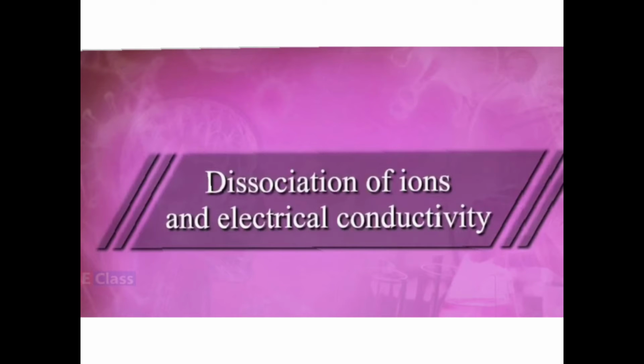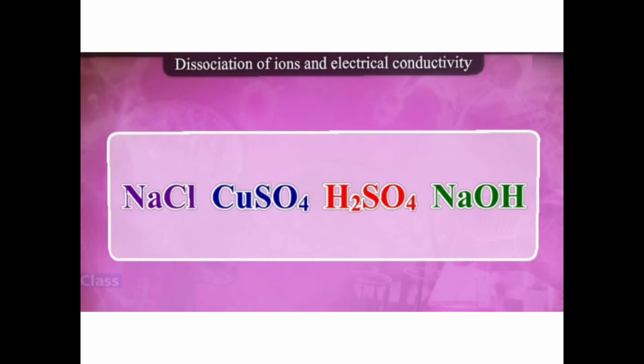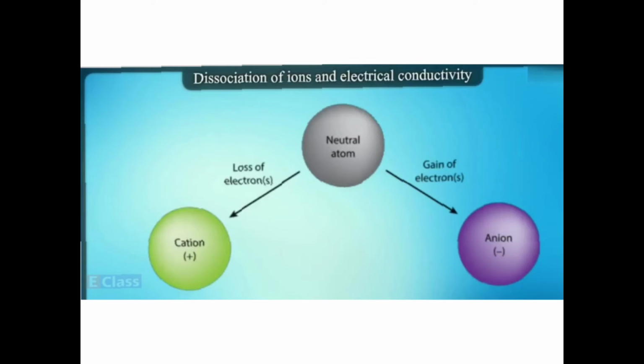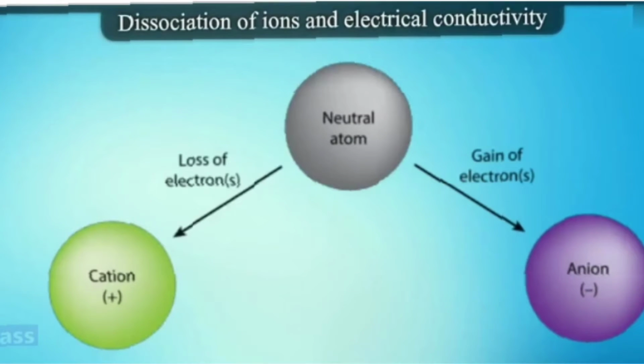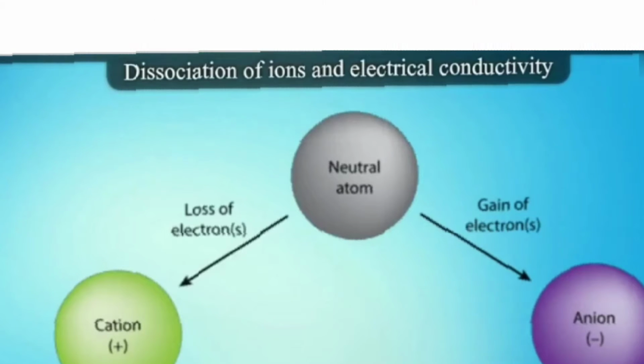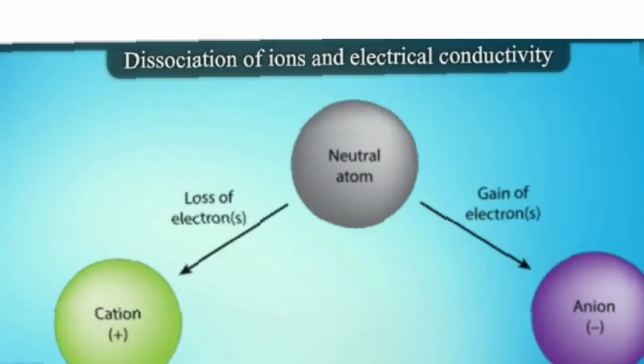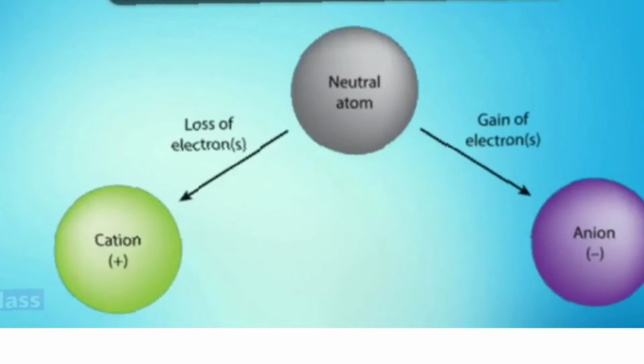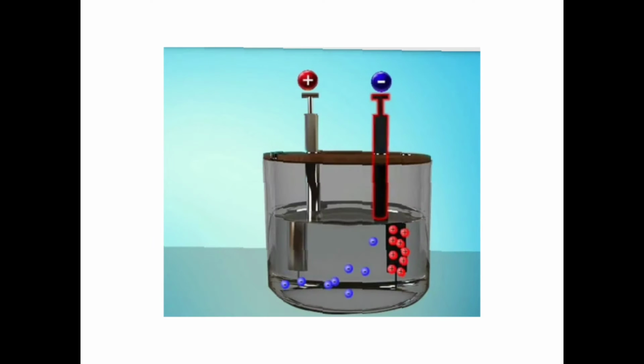Okay, so see here, we have taken the example of NaCl, CuSO4, H2SO4, NaOH, right? You all know that an atom, when it loses an electron, becomes a positively charged ion called a cation, and when it gains an electron, it becomes a negatively charged ion, that is the anion.